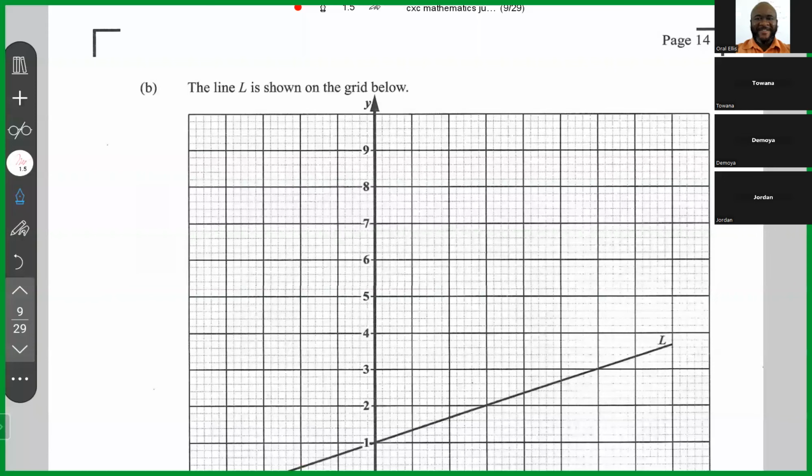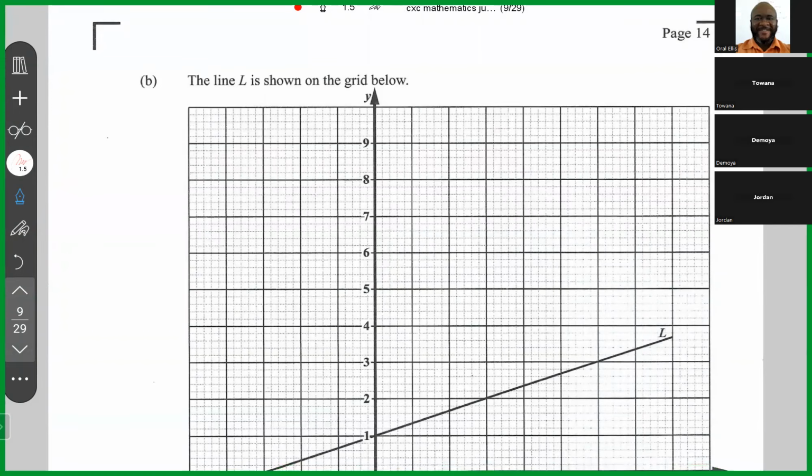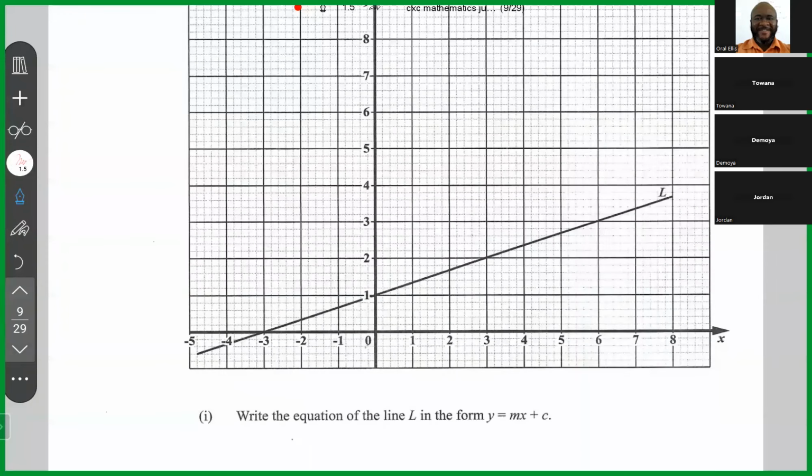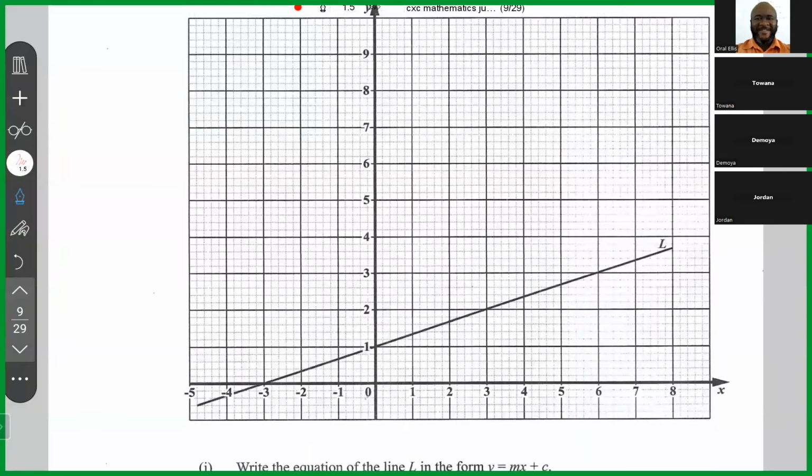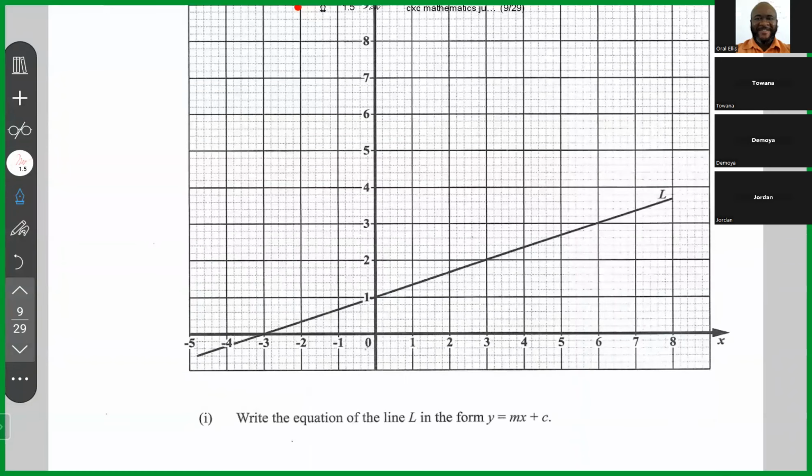So this says the line L is shown on the grid below. So on this grid, we have the line L. You can clearly see it. We're asked to write the equation of the line L in the form y is equal to mx plus c. Now, a straight line is defined by two things: its gradient and its y-intercept.